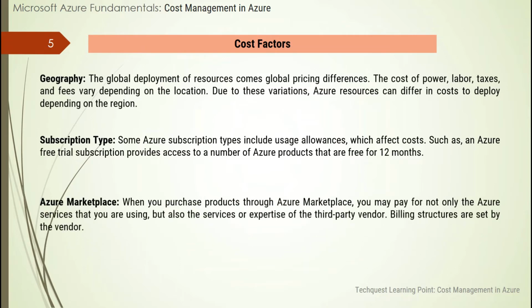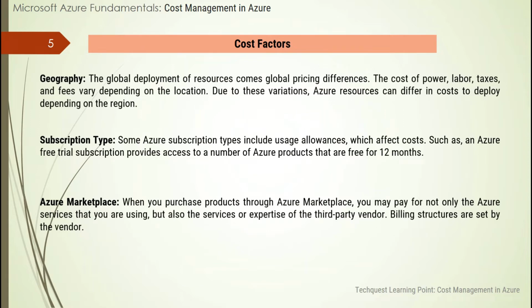Azure Marketplace. Azure Marketplace lets you purchase Azure-based solutions and services from third-party vendors. This could be a server with software pre-installed and configured, or managed network firewall appliances or connectors to third-party backup services.